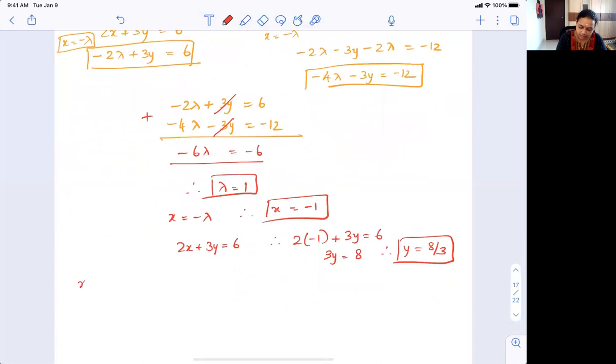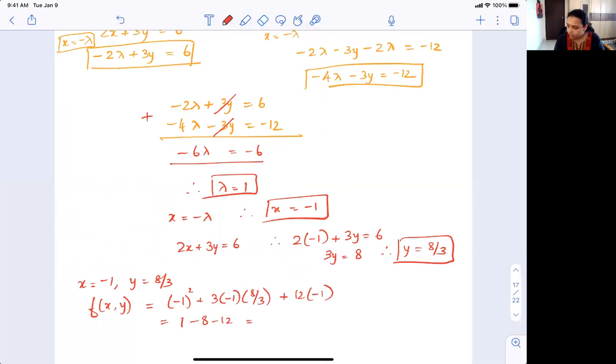If you plug in x equals minus 1 and y equals 8/3, the optimized value of the objective function f(x,y) comes out as follows. You plug this into x squared minus 3xy plus 12x. So that's minus 1 squared, minus 3 into minus 1 into 8/3, plus 12 into minus 1. Wait, I have messed something up.